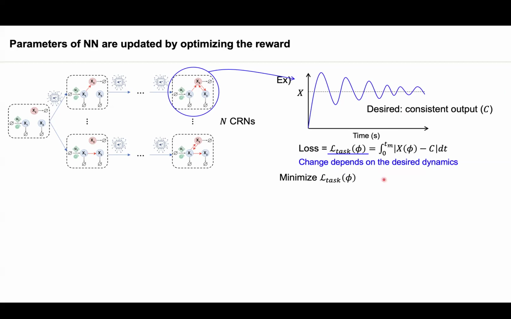What we will do is minimize this loss. In other words, we optimize this reward, which is just the negative value of this loss.